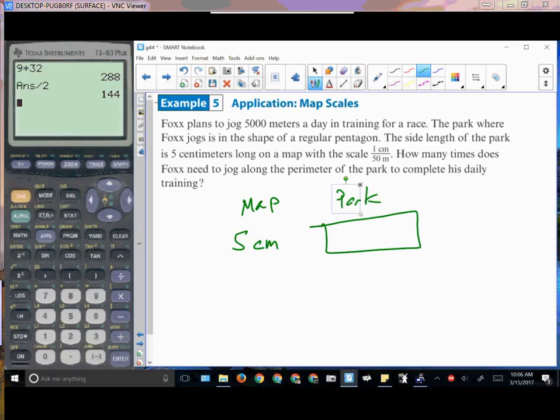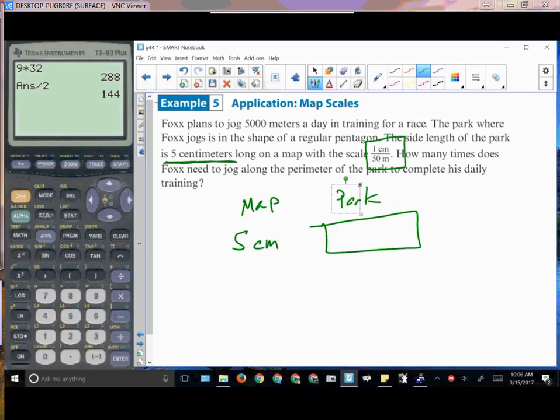So if I was just going by the numbers, do I have a scale that tells me what's on the map to what's on the park? Now it doesn't necessarily say which one the map goes to, does it? Does the map go to the top or the bottom? Numerator, denominator. So we got to do a little investigating here for a second.